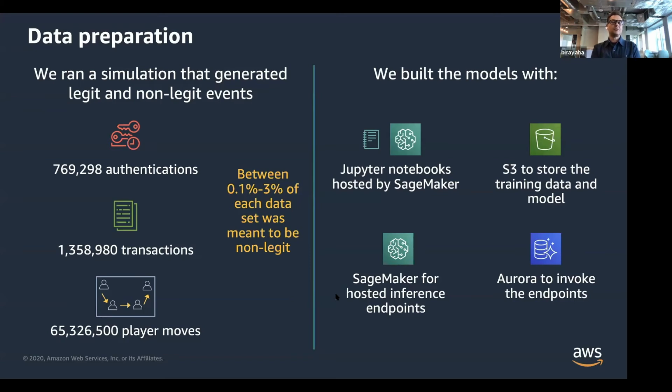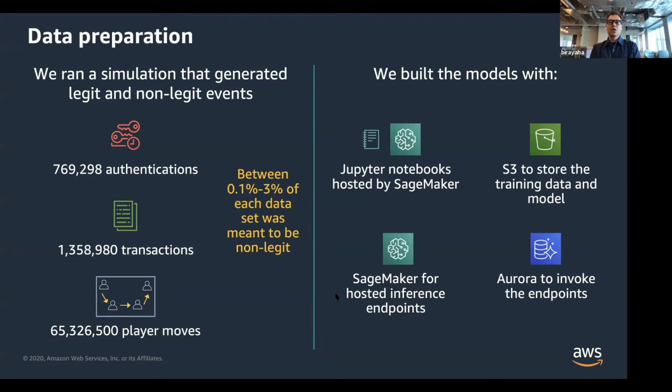For the supervised data, we classified between 0.1 and 3% of the data to allow the model to distinguish between legit and non-legit transactions, moves, and authentications.